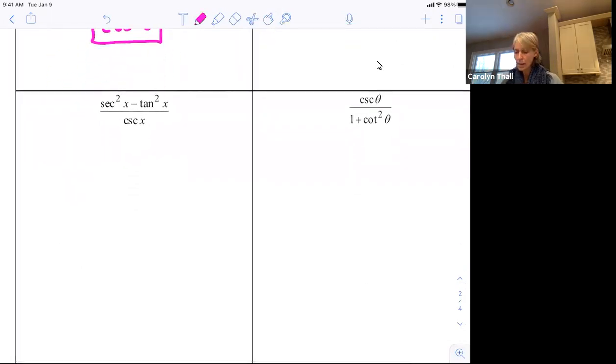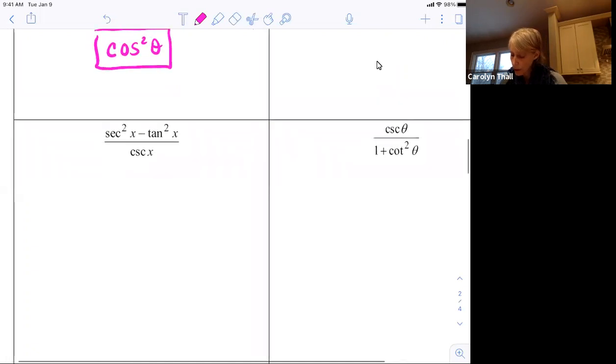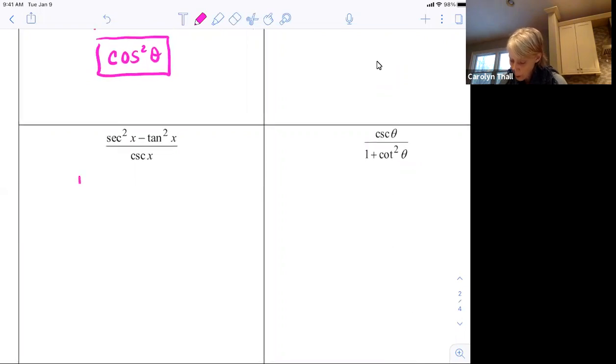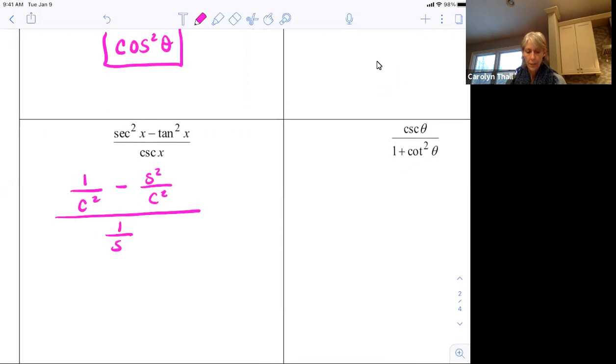Secant squared x minus tan squared x over cosecant x. So I'm just going to rewrite each term. Secant squared is 1 over cos squared, minus tan squared is sine squared over cosine squared, all over 1 over sine. I need to simplify this, so I need to figure out what my best route would be.